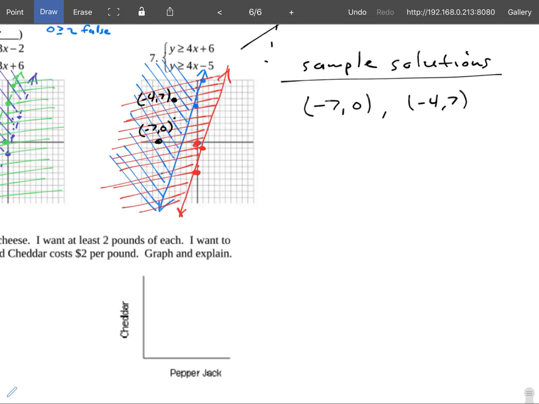So what would happen is if you picked either one of these points, if you plug it into both of these original inequalities, it should make them both true. If you pick the point -4, 7, you plug in -4 for x and 7 for y into both of these original inequalities, it should make both of them true.